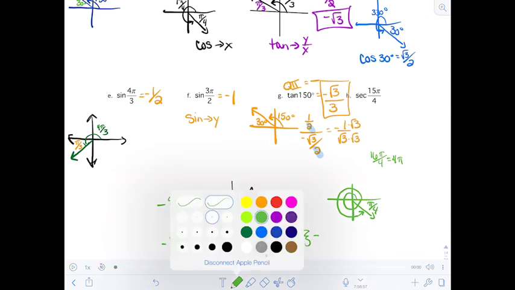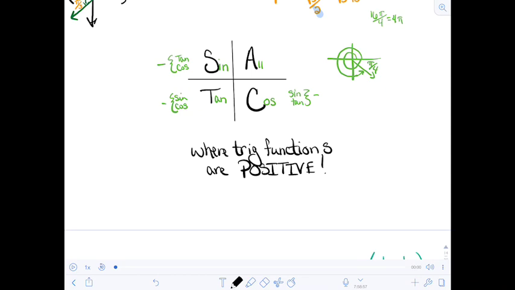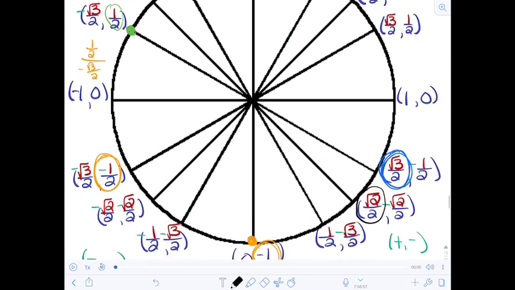Now, secant is the reciprocal function of cosine. So if we think about the cosine of 15 pi over 4, well, think about the reference angle, the cosine of pi over 4. Let's go there. Cosine in quadrant 4 is going to be positive. So let's go to the 4th quadrant with a reference angle of pi over 4. It's right down here, and that's going to be our x value.